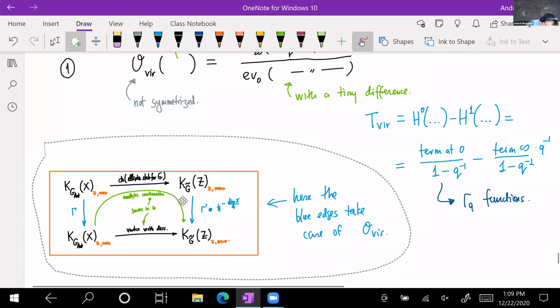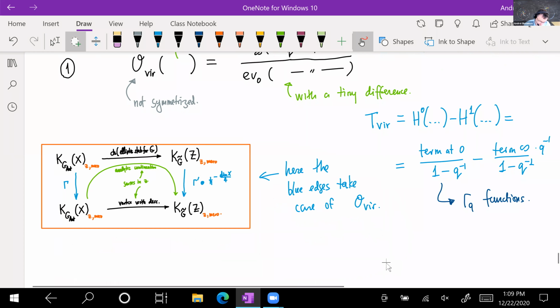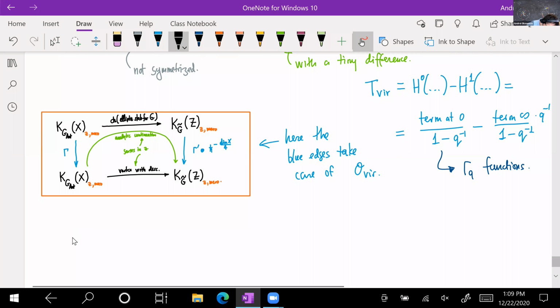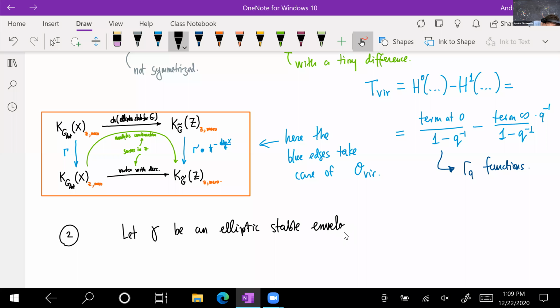Now, point number 2. When you have insertions, so if I have some elliptic function, so now let gamma be an elliptic stable envelope. Some class.